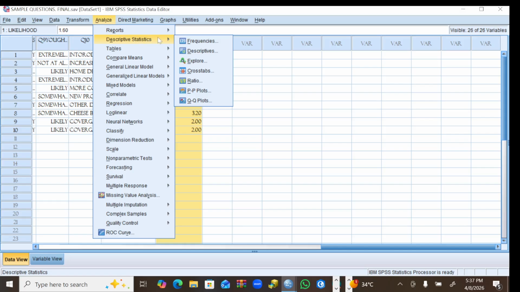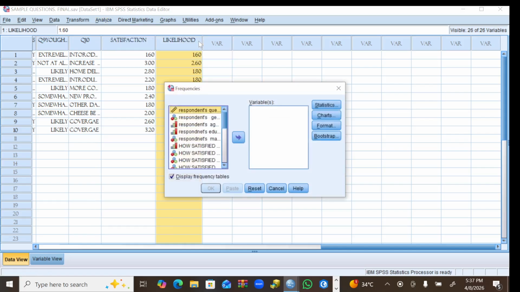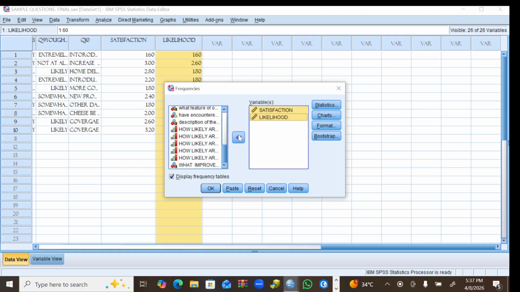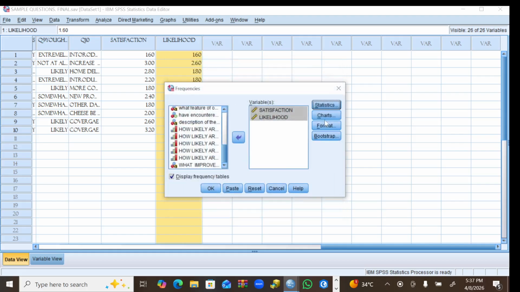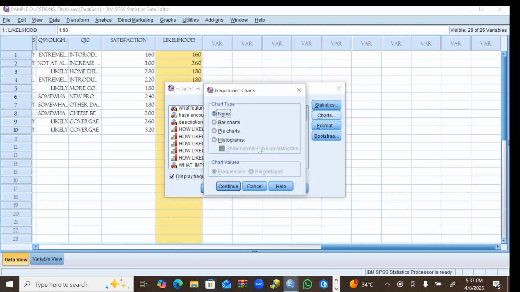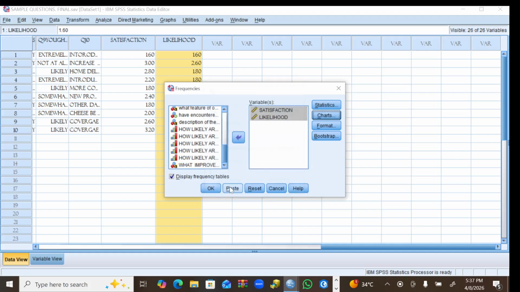This time I'm coming to Frequencies. I move all of these to here. For the statistics, there's nothing we can do here. Let me come to Charts. For charts, I need Histogram and Show normal curve, these two. So Continue, OK.